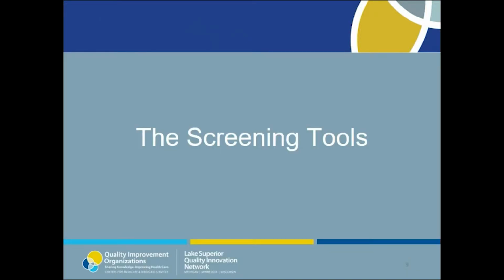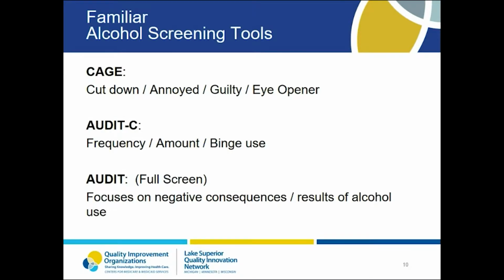So let's look at the screening tools. Here are some of the more familiar screening tools that we have used for a long time. First is the CAGE questionnaire, which primarily focused on more dependent alcohol use by assessing whether the patient had ever felt C, that they had needed to cut down on their alcohol use, A, that they have been annoyed by another's comments about their alcohol use, G, guilty about their alcohol use, or E, like they needed an eye-opener in the morning.